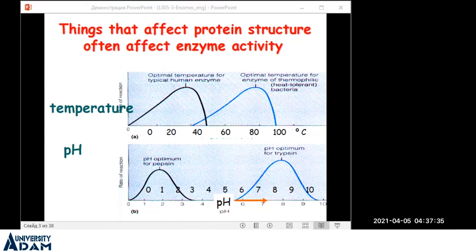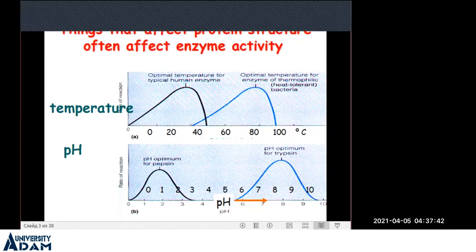Okay, let's come back to our topic. Also, for example, specific temperature: if we're talking about an enzymatic reaction, this temperature is not necessarily connected with the temperature of the human body, although all these enzymes work in the human body.